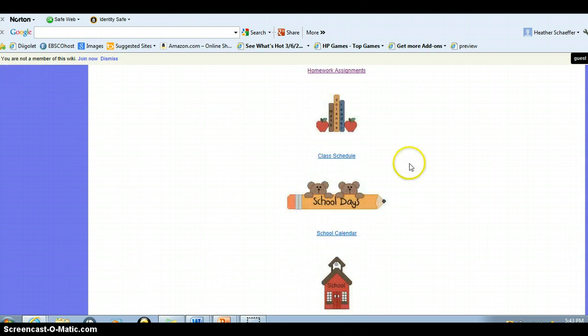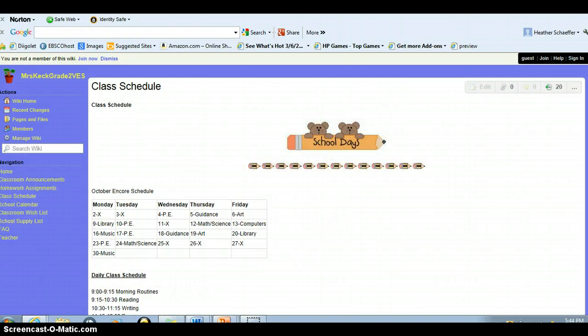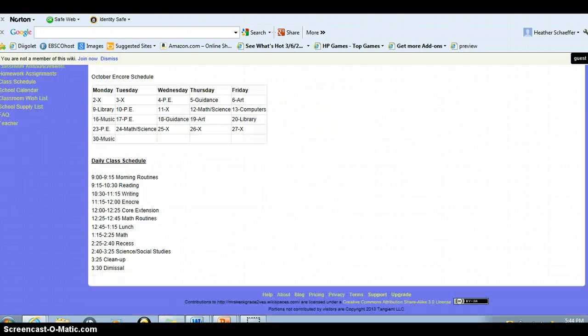Homework assignments, a class schedule. Here you would see what time they have PE, library. It gives what you're doing every time of the day: morning routine, writing, dismissal, cleanup, so you know what your child's doing throughout the day.